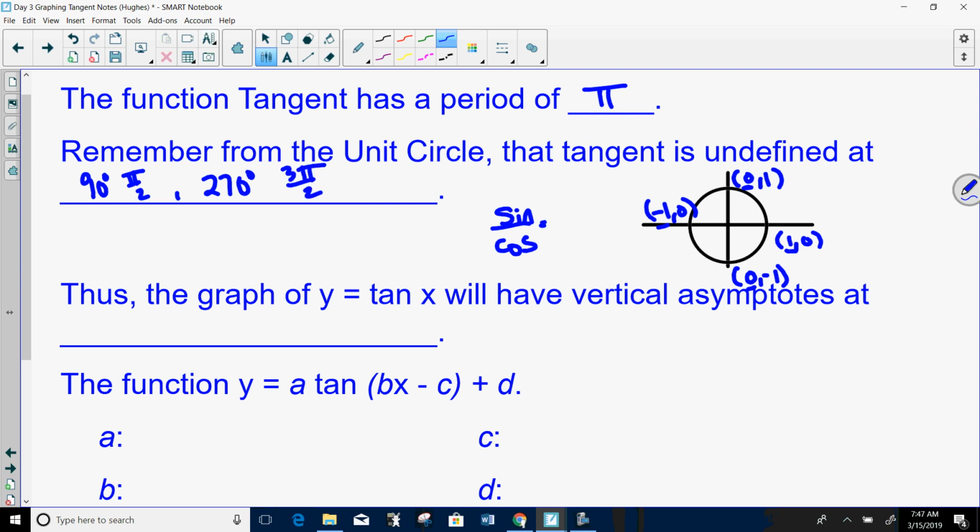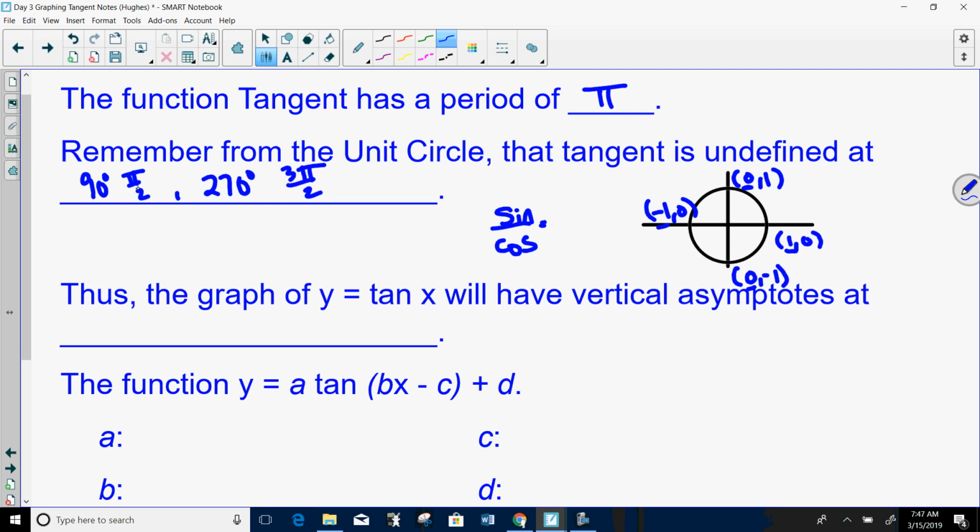So 90 degrees, 270, which is 3 pi over 2, and basically every 180 degrees it's going to have an asymptote. Why? Because 90 degrees is straight up, 270 is straight down, and if you keep rotating around this circle over and over again, every time you get to a 90-degree coterminal angle, you would have an asymptote, and then you'd have an asymptote at 270's coterminal angles, and so on and so forth.